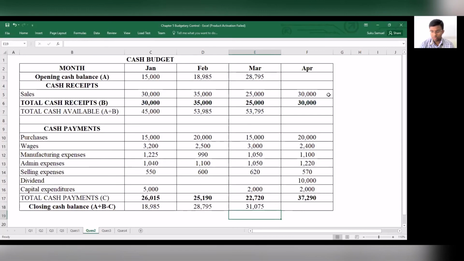This will be 31,075. 31,075 plus 30,000 will make it 61,075. 61,075 minus 37,290. This will be 23,785. So with that, we have completed the preparation of the cash budget. As required, we have prepared the cash budget for the 4 months.